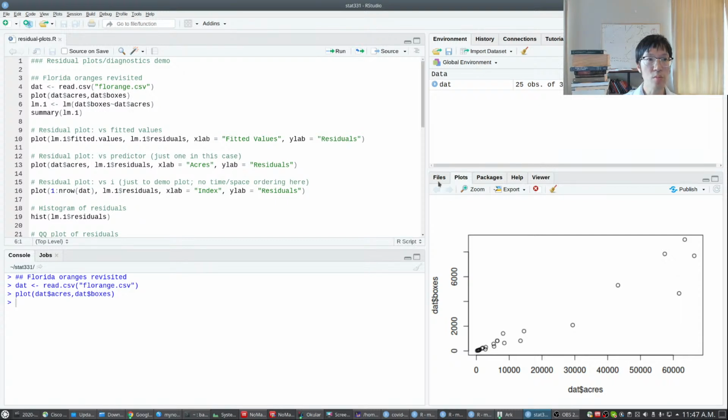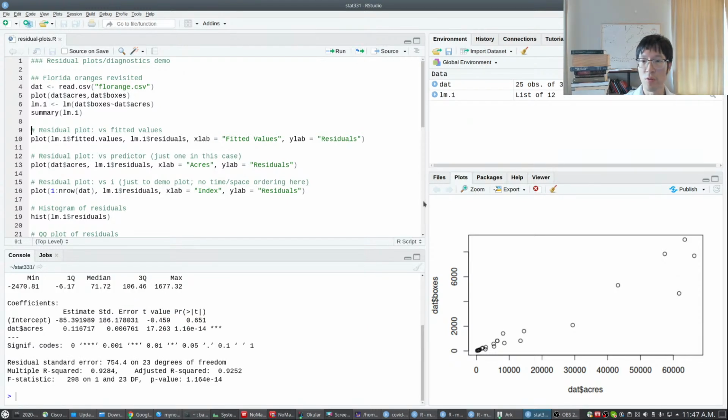And so we previously fit a simple linear regression model. Okay, so clearly x and y are strongly related, but even from this scatter plot, we see that the variance around the regression line might be larger as the number of acres gets larger.